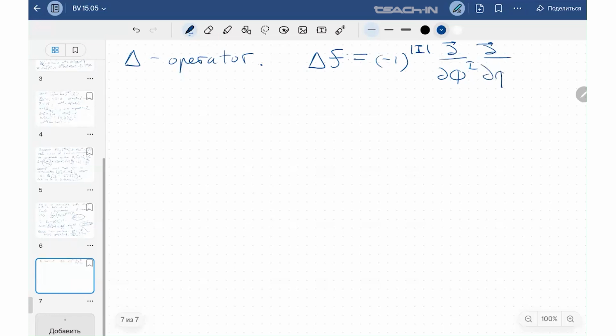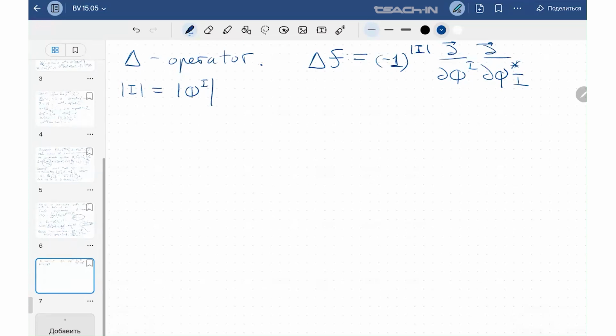Such a strange operator looks like a Laplacian. Here I use shorthand notation for the Grassmann degree of phi I, otherwise it's too heavy to write. We need a special sign factor.